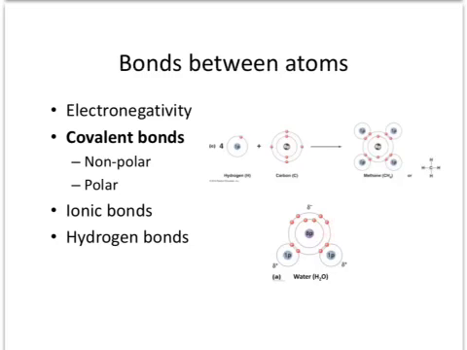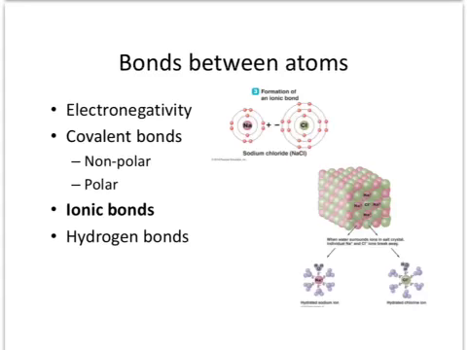This is going to create a situation where we end up having a net negative charge on this molecule towards the more electronegative atom, and a net positive charge at the end of the molecule where there are fewer electrons being shared in the pair. Please note that this molecule is not actually charged, it's just that there is an apparent charge because of the unequal sharing of the electrons.